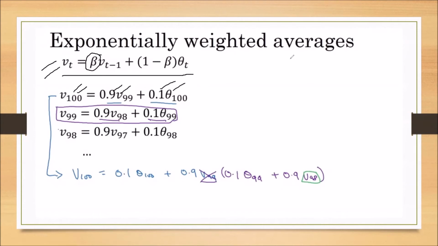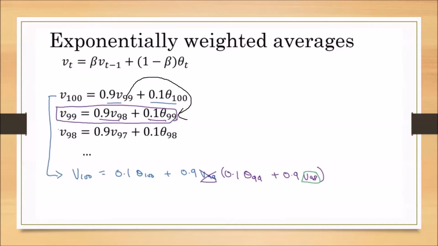We already discussed that because beta is 0.9 here, by using this equation we can calculate the moving average up to 10 days. But without considering that fact, I am generally taking this equation and substituting V99. What is V99? It is 0.9 into V98 plus 0.1 into theta 99.